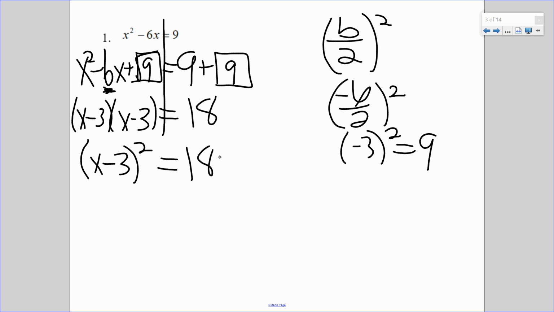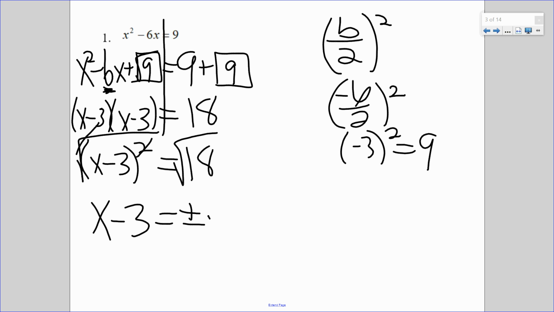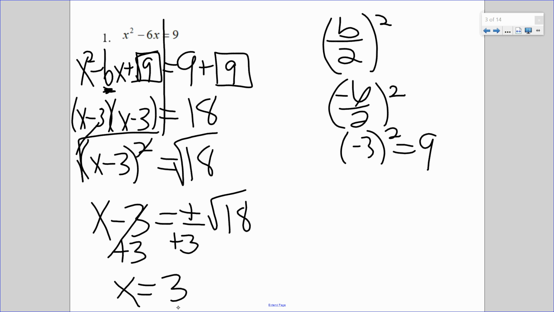So I'm going to now take the square root of both sides to get rid of the square. When you take the square root of something, it's plus or minus radical 18. Now I'm almost done. I want x by itself, so I'm going to add 3 to both sides. Write the number first, 3 plus or minus rad 18.